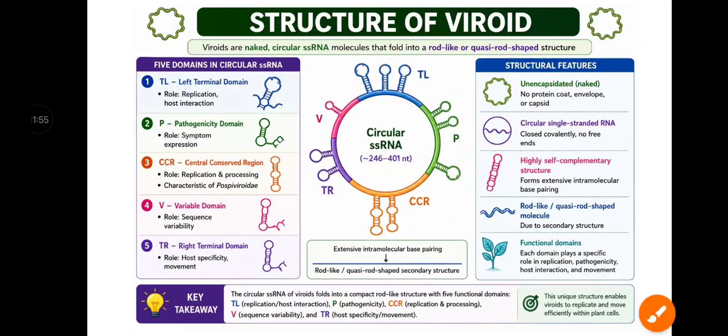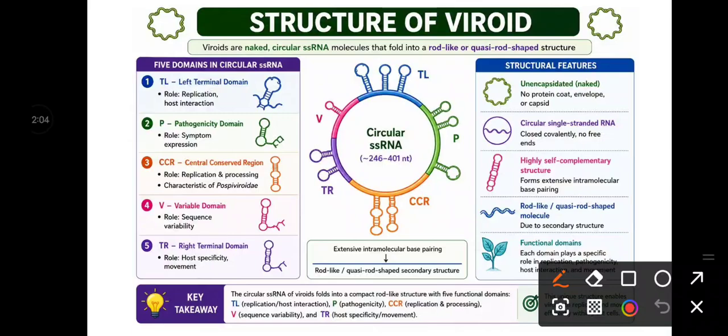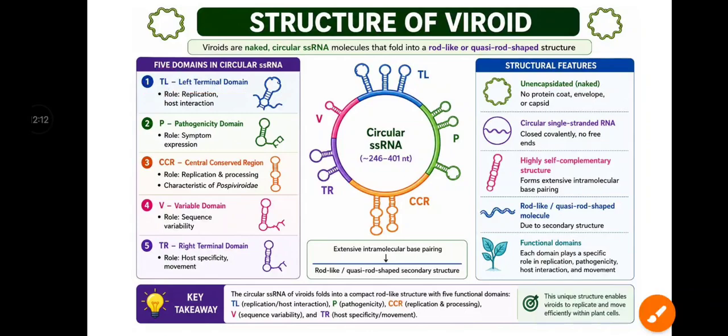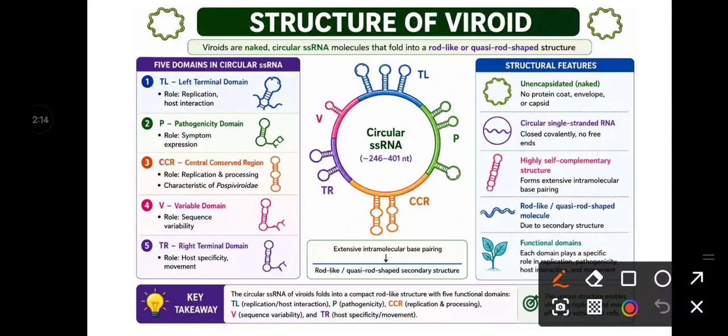Then the viroid has 5 domains. So what are the 5 domains? First is the TL, the left terminal domain. Why is it important? It is important for replication and host interaction.